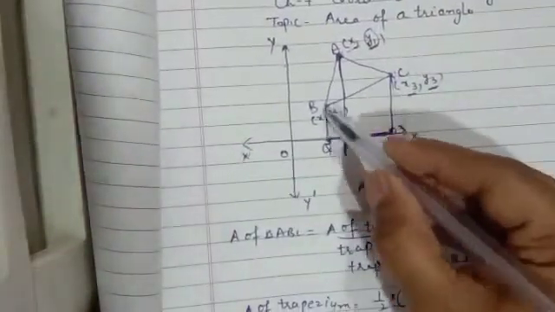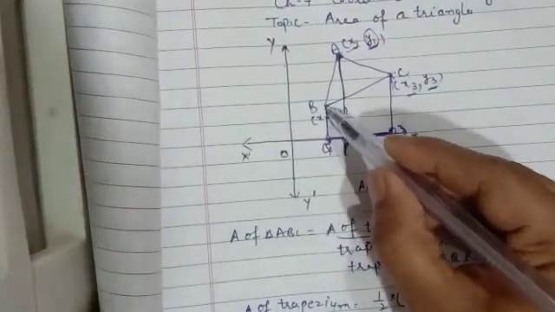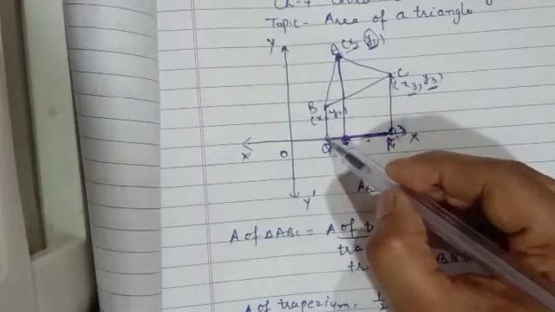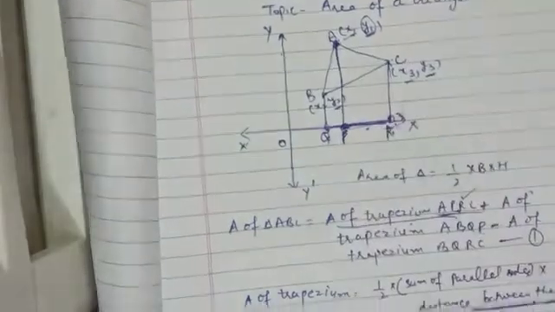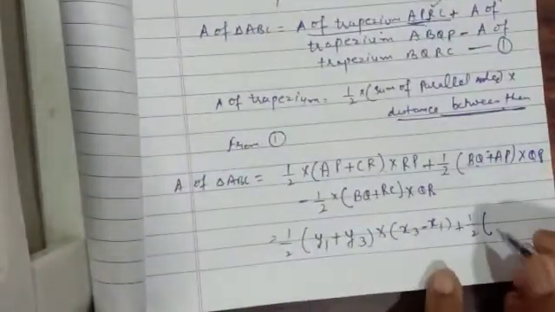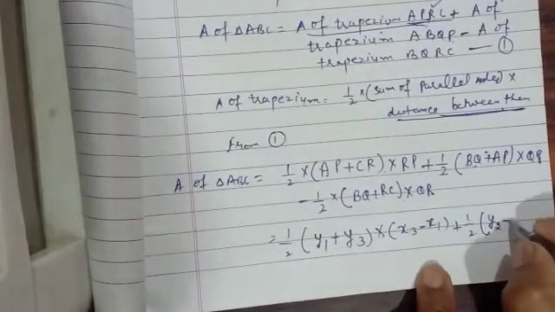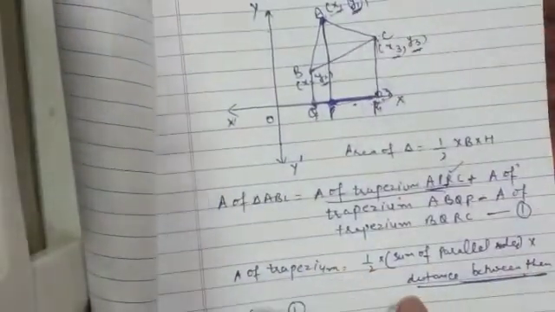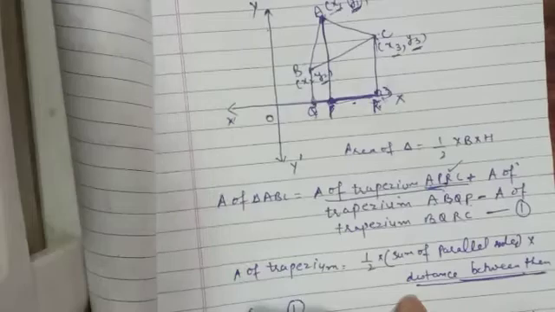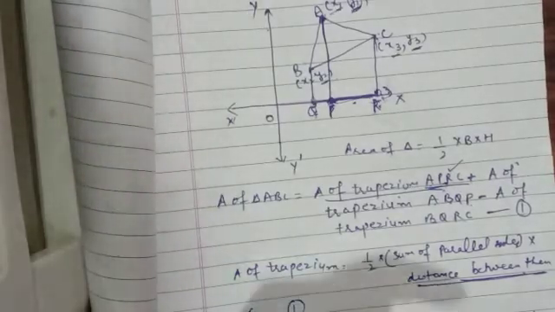From the diagram, BQ is again the perpendicular distance of the particular point from the x-axis. We will consider the y coordinate of point P, so I will put here the value y2. For AP, you may see from the diagram, that is y1 multiplied by the perpendicular distance QP.